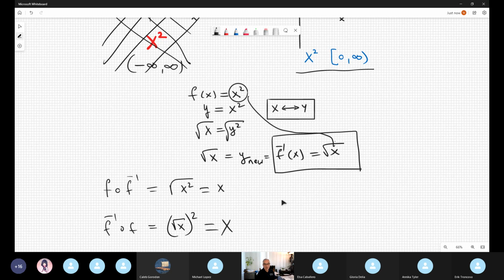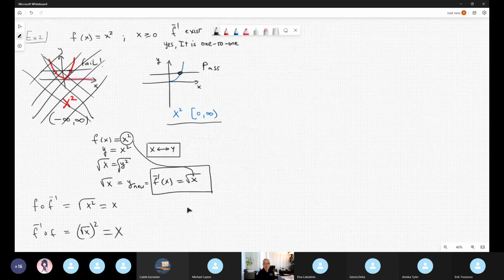And domain is easy. Look, domain and range of the original function, square power, bueno, es this domain que es given.